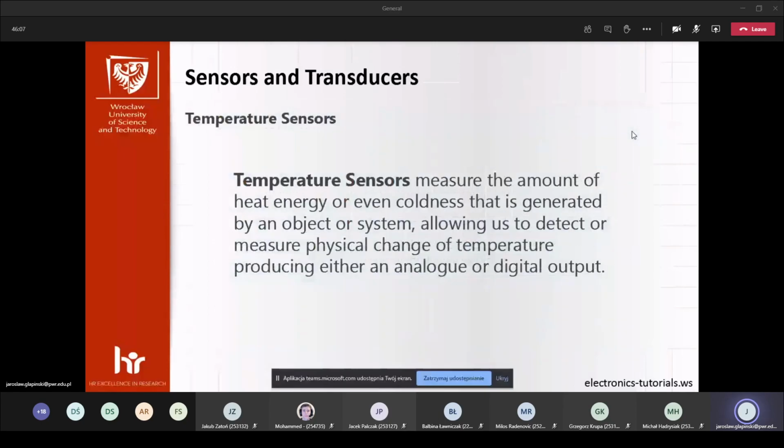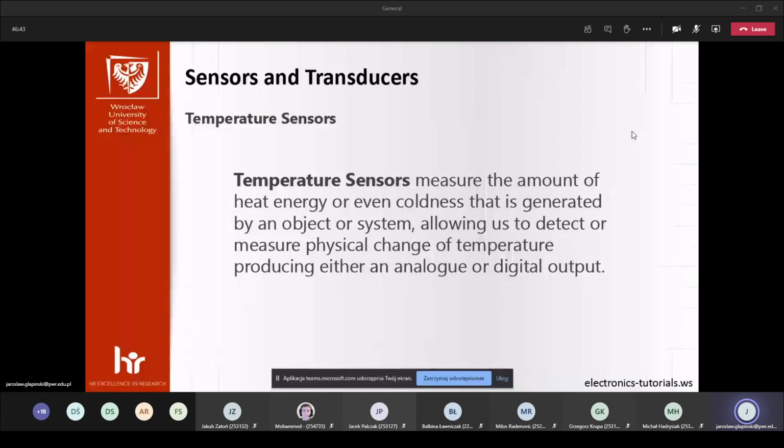Okay, I would like to show you something more deeply about the temperature sensor. It is just an example, because I could use any type of physical change, but the temperature sensor is very useful to show you the difference of the transducers, the difference of the sensors, and what physical properties can be changed from heat to voltage or to another kind of energy.